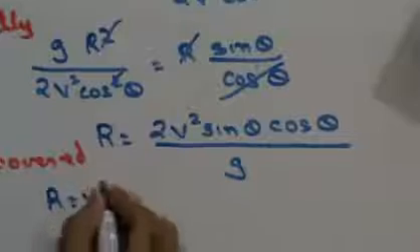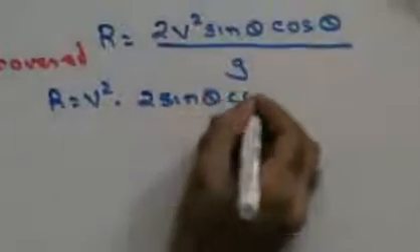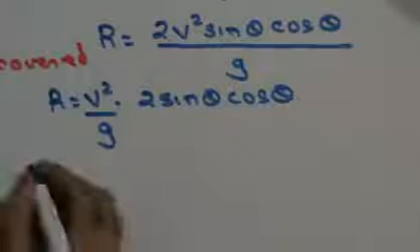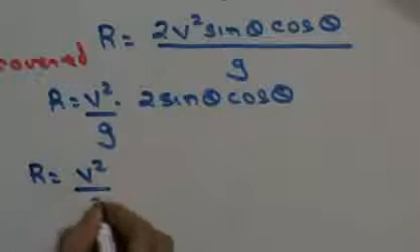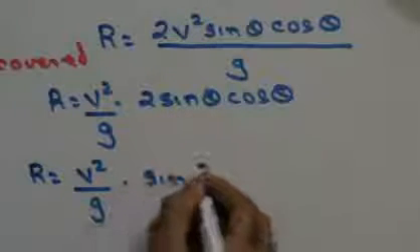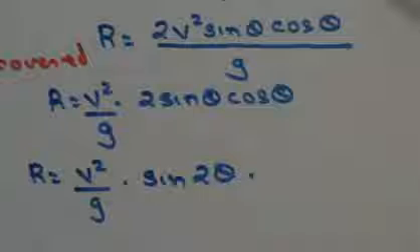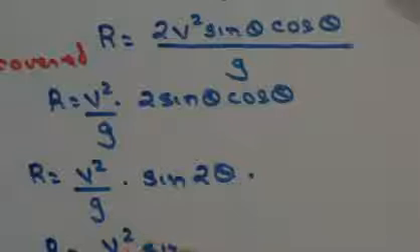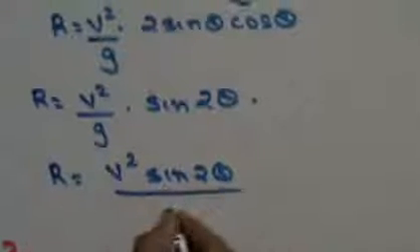So I can say r is v square, 2 sin theta cos theta upon g. But by using the multiple angle formula of trigonometry, 2 sin theta cos theta is nothing but sin 2 theta. So I'll get r is v square upon g, sin 2 theta. Thus, the horizontal range is v squared sin 2 theta upon g.